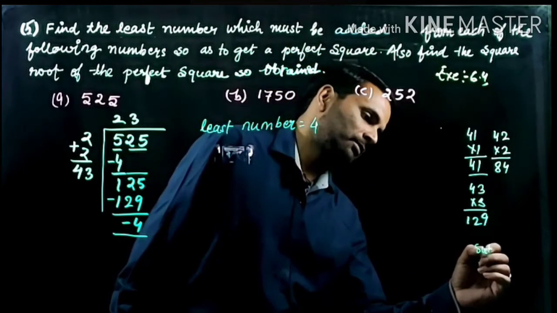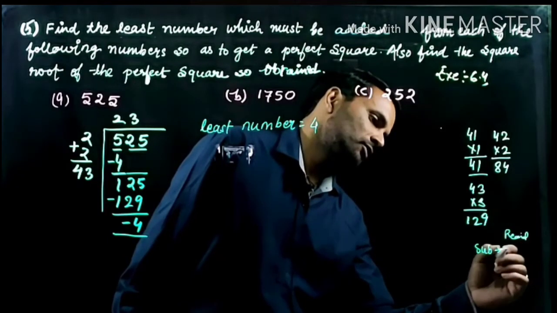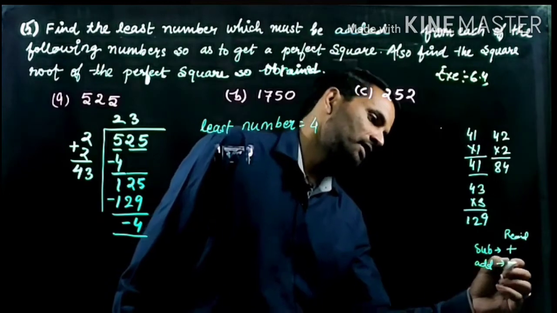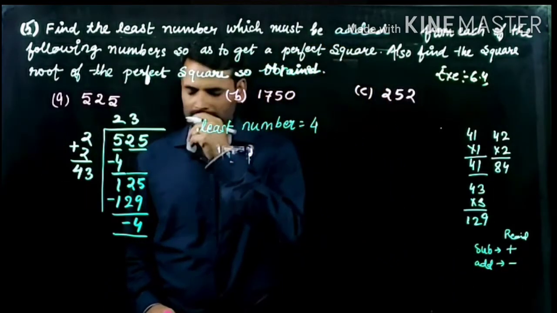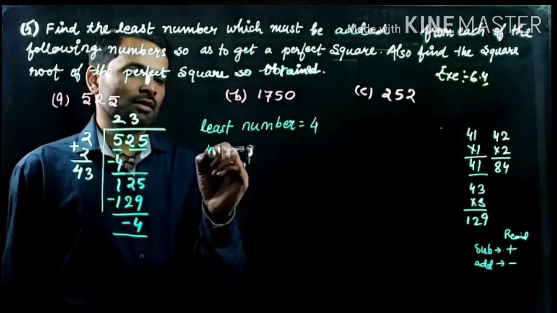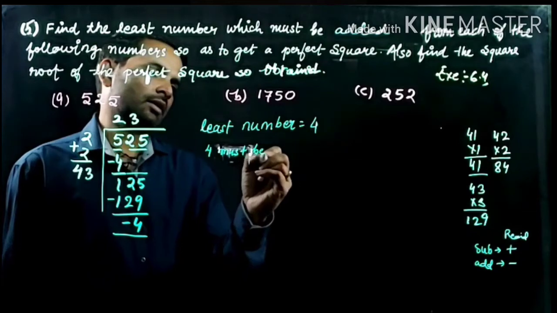Suppose your question is subtraction, the remainder will come positive, and if you add, the remainder will come with a negative sign. So this number is 4, and 4 must be added.